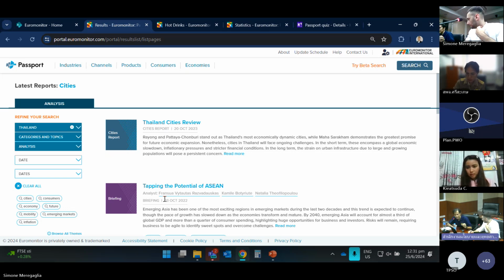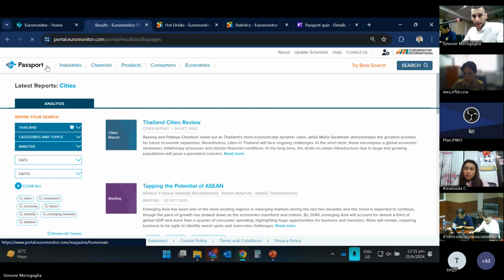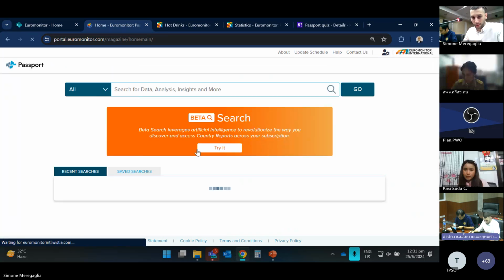And do you have the city level data? There is city level data in our passport database. I think your subscription doesn't have access, but I can show you what it is, just for you to see what it's like.